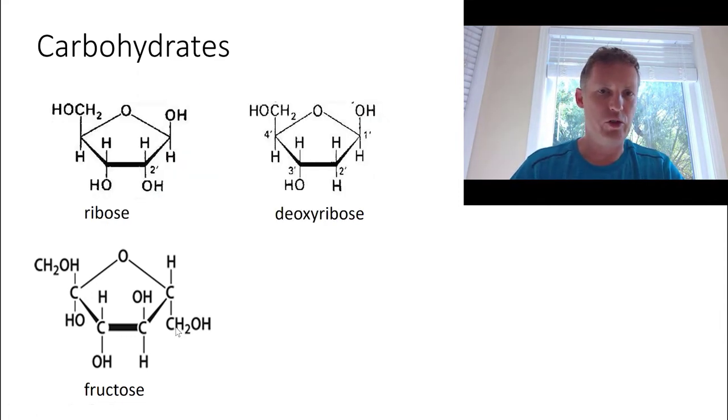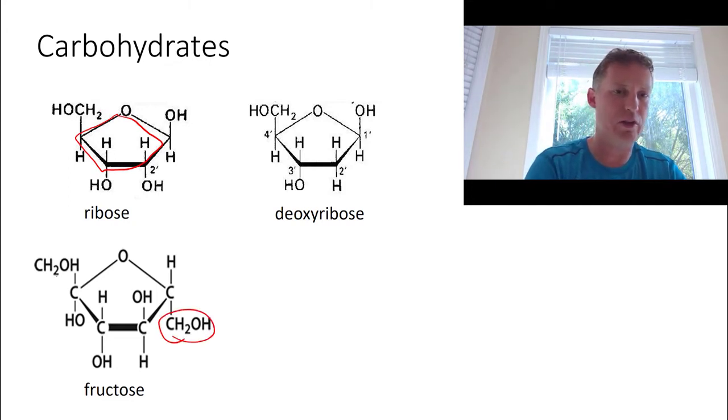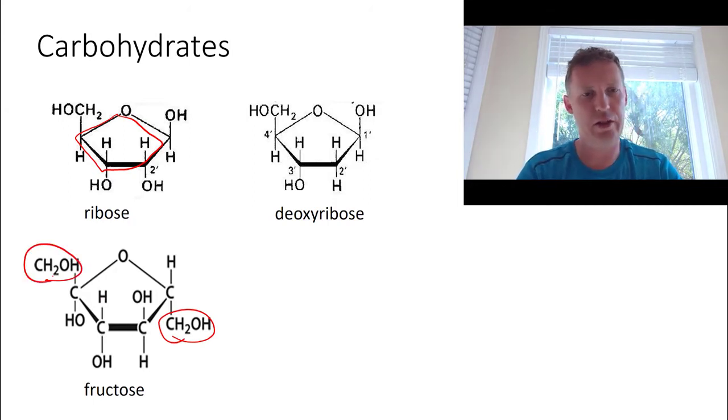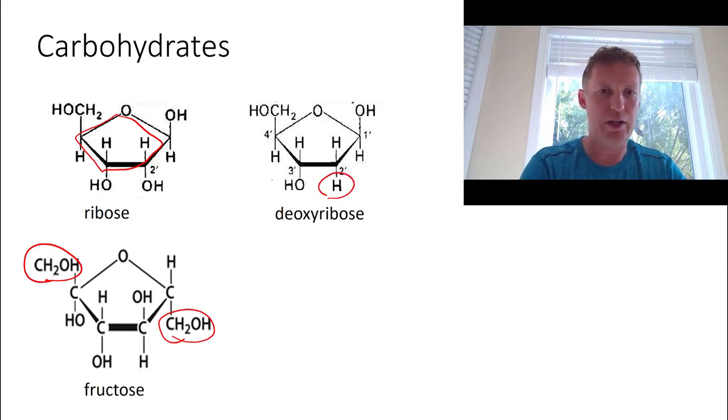There's some other simple sugars as well. All three of these that we see on the screen have that same pentagon ring. Where the differences come in, again, we notice the fructose has these two side chains, so again, it's easily recognized from the other two. Ribose and deoxyribose, the difference is right here.